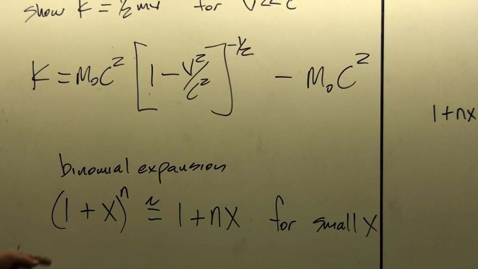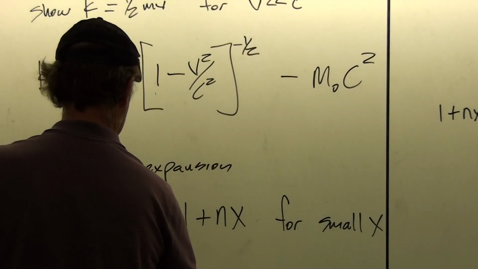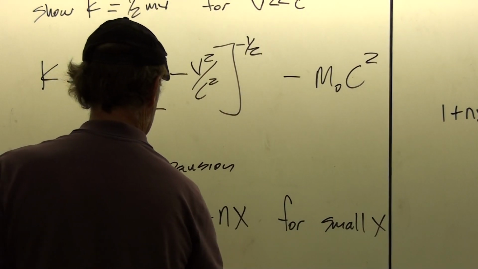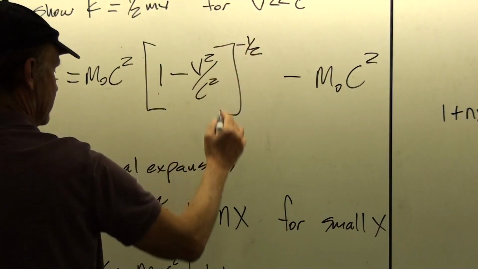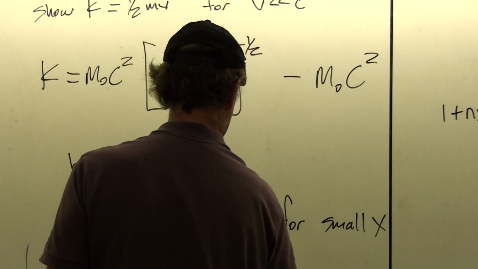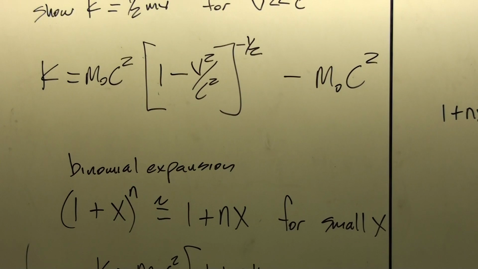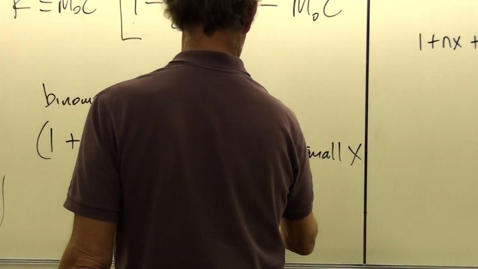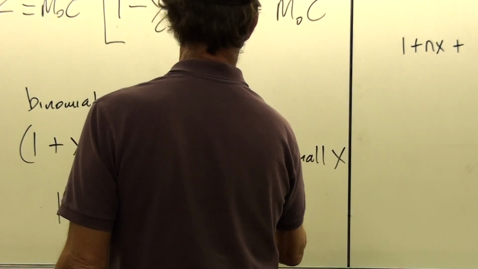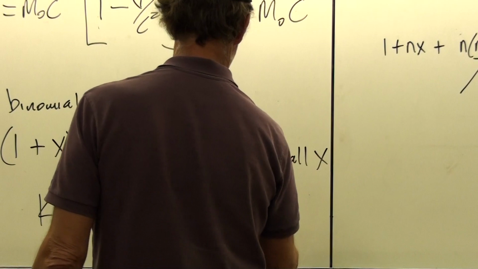All right, so our x then is minus v squared over c squared. And so the kinetic energy then is going to be m naught c squared times 1 plus n. Now n here is going to be minus 1/2 times x, which is minus v squared over c squared.